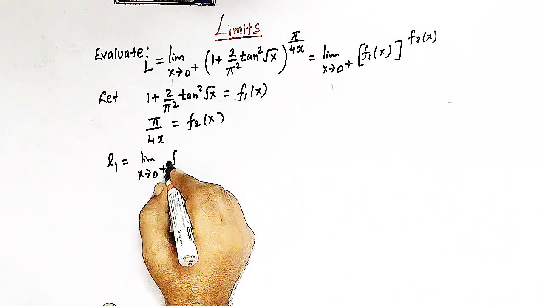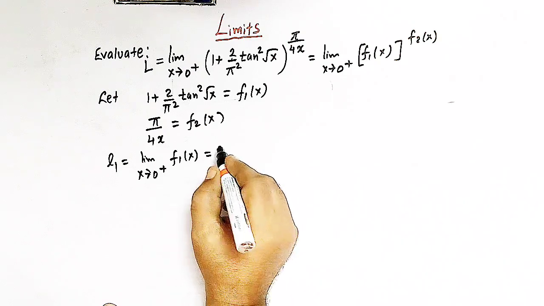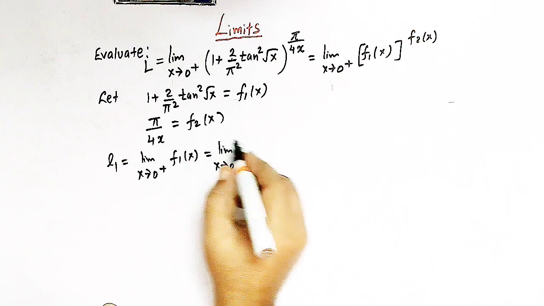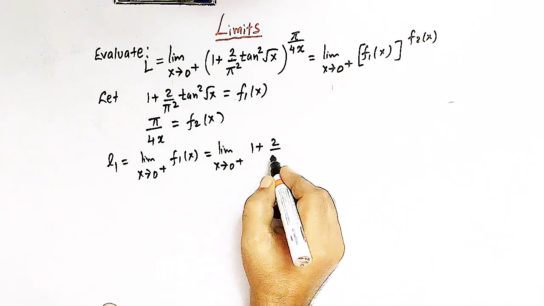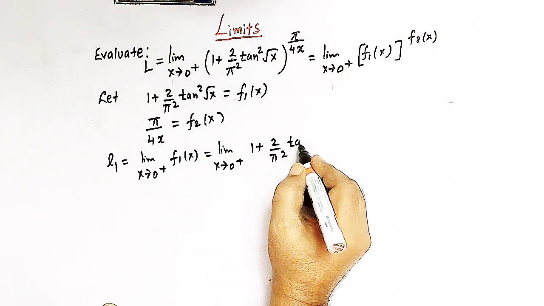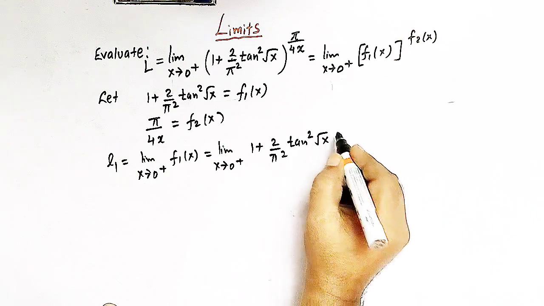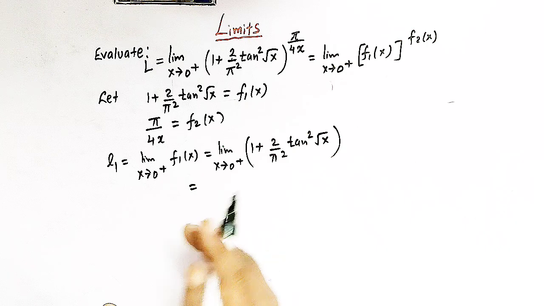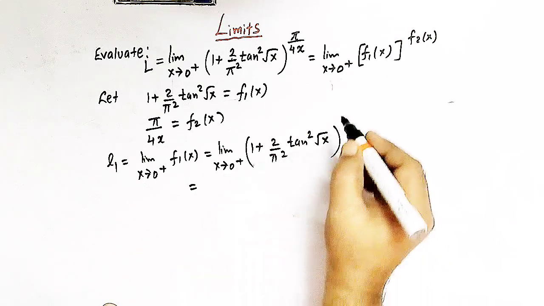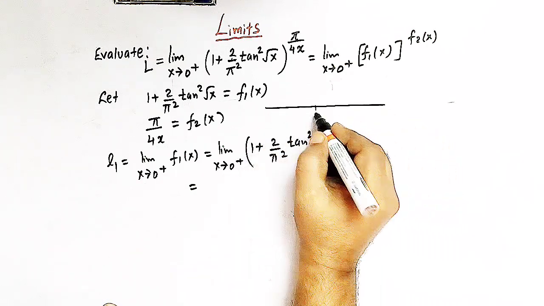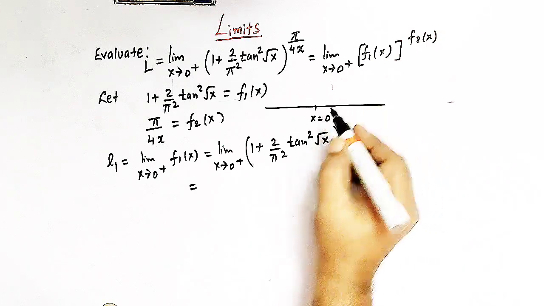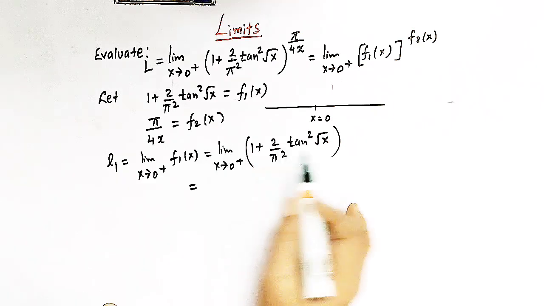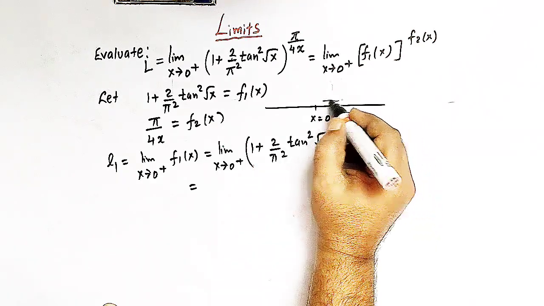Okay, so now let us first find this limit, that is L1, limit x tends to 0 positive of f1(x), where f1(x) is 1 + (2/π²) tan²√x. Now when x tends to 0 from the right of x equal to 0, we are approaching from the right.